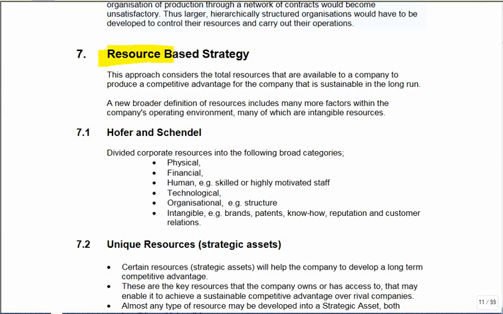And to help us here, Hofer and Schendel give us quite a broad list as to what resources might mean, what the word resources might cover, some of which are the tangible resources, but some of them are intangible resources. And the resource-based strategy view would include all resources. They don't just have to be buildings and people and that sort of stuff. You can have intangible resources as well. Reputation, brand name, that sort of thing.